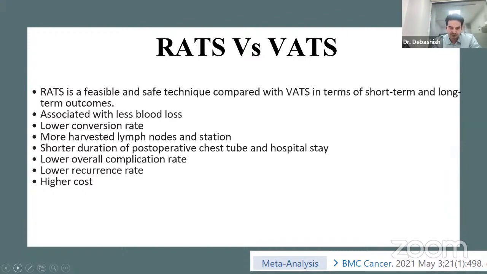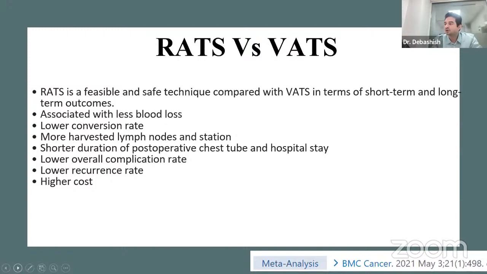So I had previously mentioned also the RATS versus the VATS. They are almost the same in terms of oncological outcome. However, robotic may not be available everywhere. It needs a certain level of expertise, and cost is a concern.